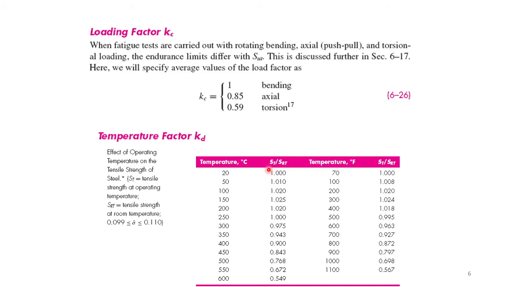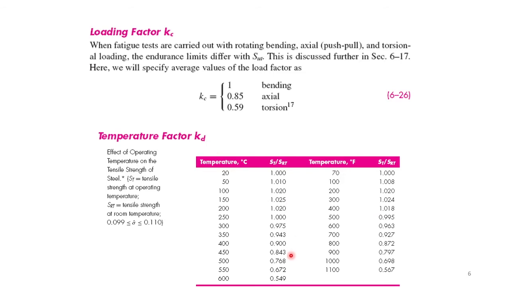You would achieve the ultimate tensile strength at this respective temperature at 200. بعد ما جبت الالتيميت تنسايل سترينث عند ال 200 درجه مئويه هتضرب الالتيميت تنسايل سترينث دي في 0.5 لايجاد الانديورنس ليميت الكوركتد انديورنس ليميت at 200 degrees Celsius. Okay, so if what is known to you is the ultimate tensile strength at room temperature, you would go with this route and use this table to calculate this ratio.